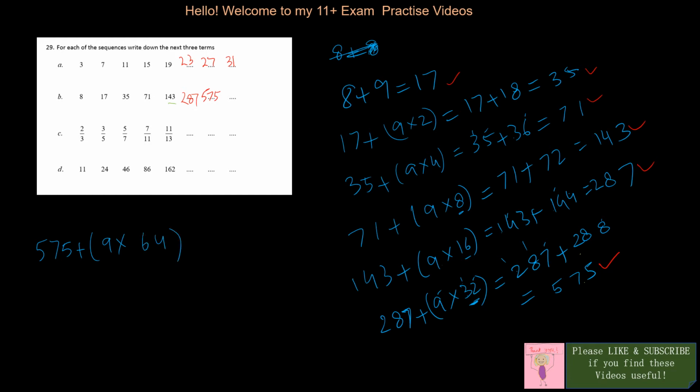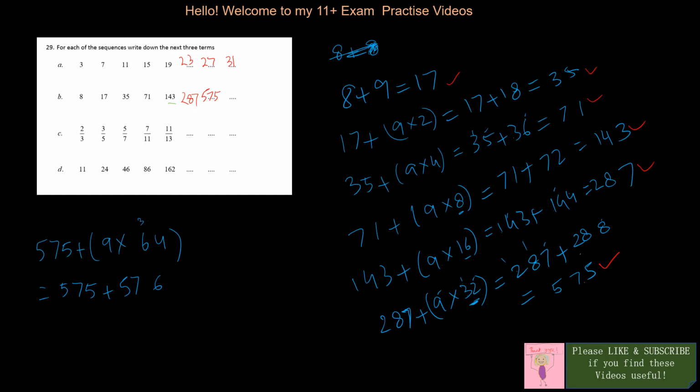That will be 575 plus 4 times 9 is 36, 6 and 3 carry over, 9 times 6 is 54, 57. Okay, that's an interesting number. 575 plus 576. Am I right? Yes, I am right. Because we are doubling 32 in the next step.